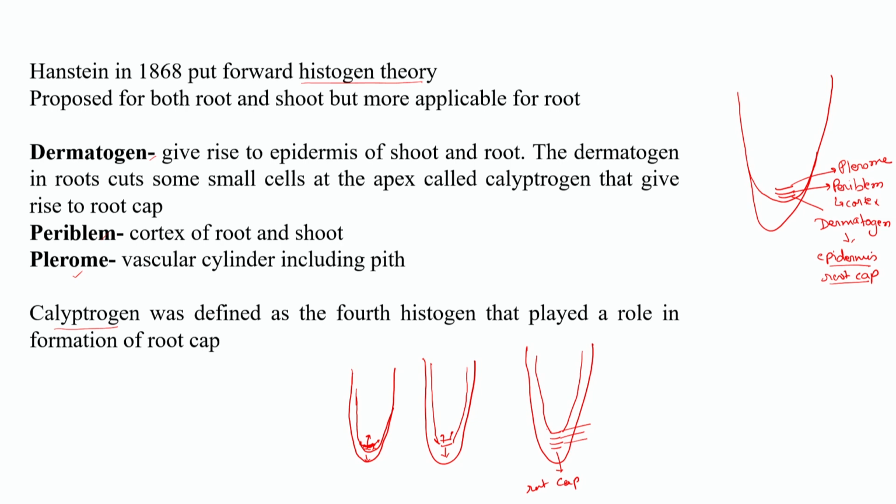So this theory was also not well supported, because in root also a lot of variation was there. Although it could explain some plant types, later on different theories replaced it, as in the shoot case, so many other things also came in case of root.